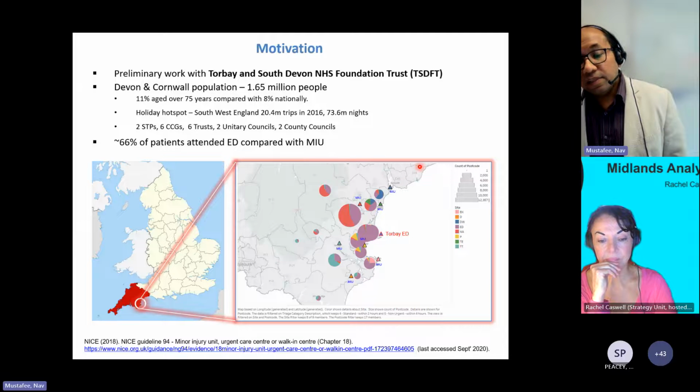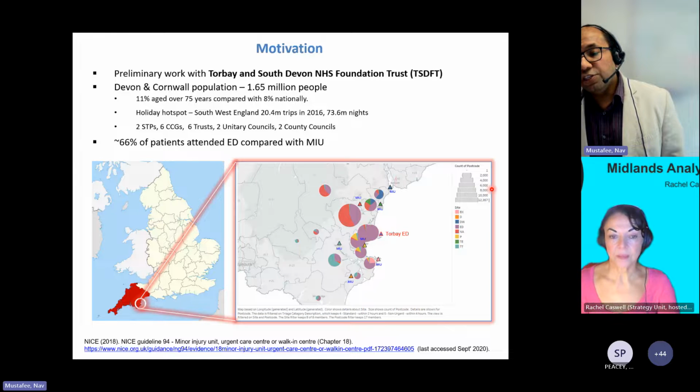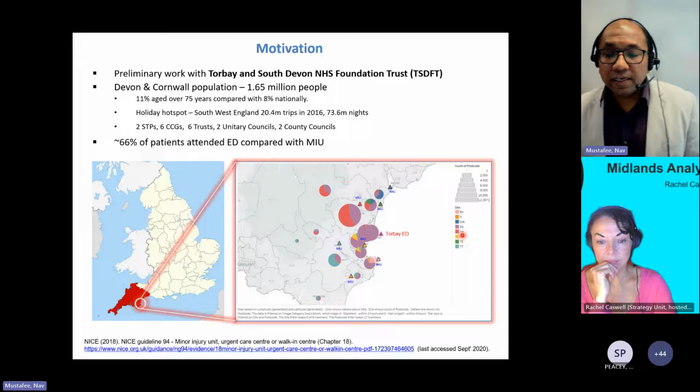In 2017, when this work started, they had one A&E hospital, Torbay, and dotted around the catchment were several minor injury units like Brixham, Dawlish, Newton Abbot, and so forth. We have done a postcode analysis.